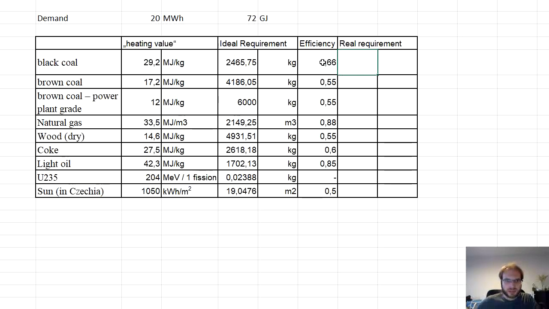So here we have typical values of operating efficiency of some smaller size boilers, and now we get the ideal requirement and just divide it by the efficiency.